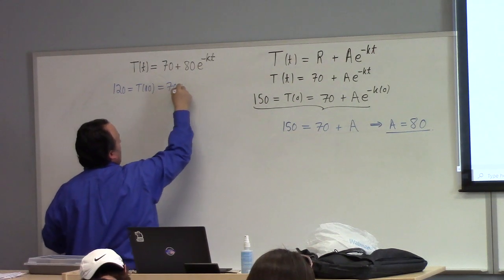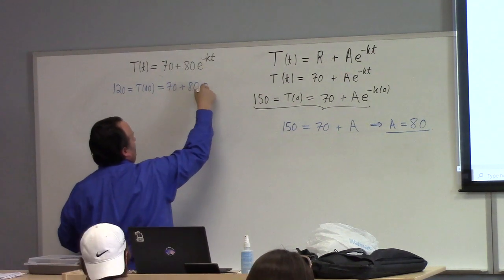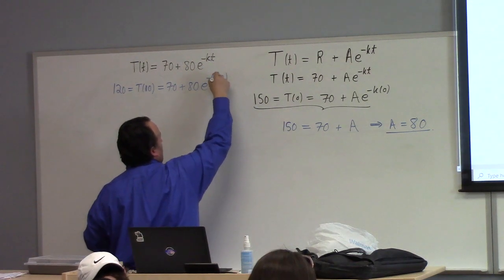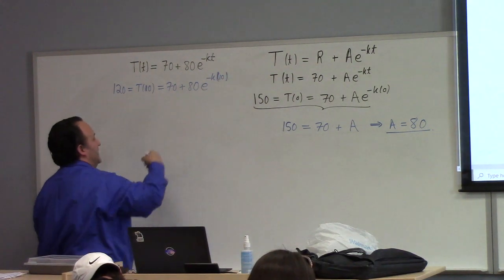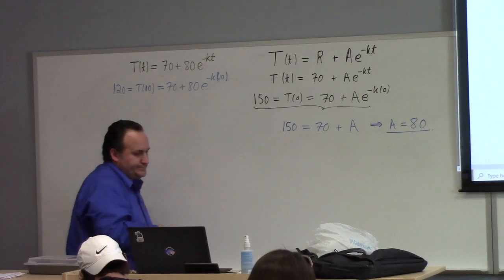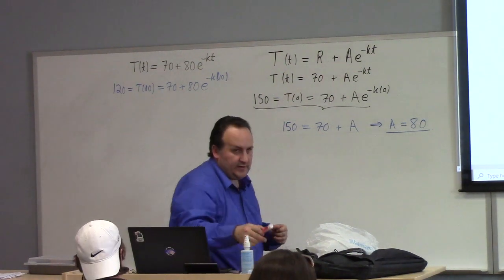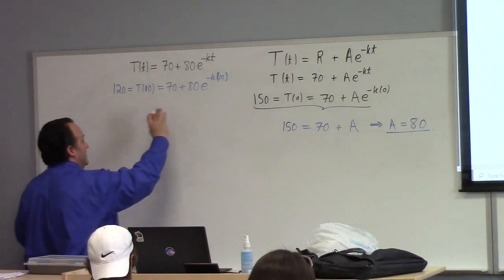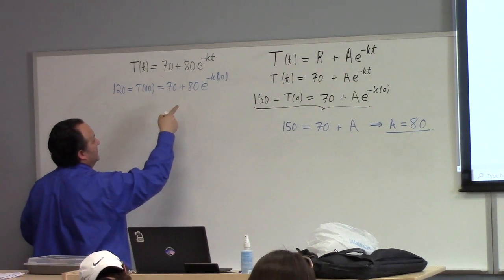So that's 70 plus 80 e to the minus k times 10. Now let's simplify that equation, because we would like to figure out what k is. That's the last remaining puzzle piece in terms of completely owning the temperature function.